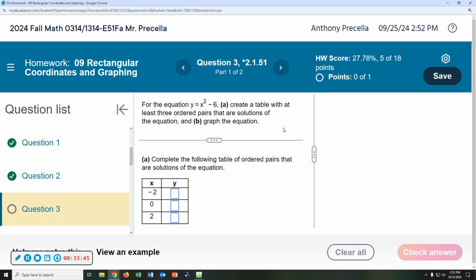Notice here we're not plugging in numbers for y. We're generating the ordered pairs just by plugging in for x. And that's being nice. It's easier. If we had to plug in numbers for y, we would probably have had to use the square root method to try to find the solution for x.